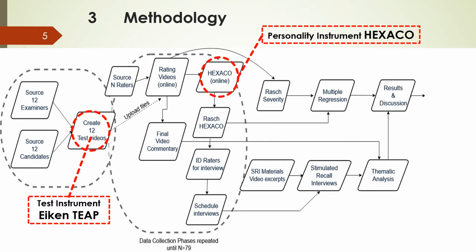The personality data was also used to identify individuals who were extremely high or extremely low in any of the 3 personality traits. 8 individuals were selected and agreed to a stimulated recall interview where they were asked to review specific events from the video material and provide further detailed commentary on what they observed of the test taker and the examiner's interaction and how they judged the performance.